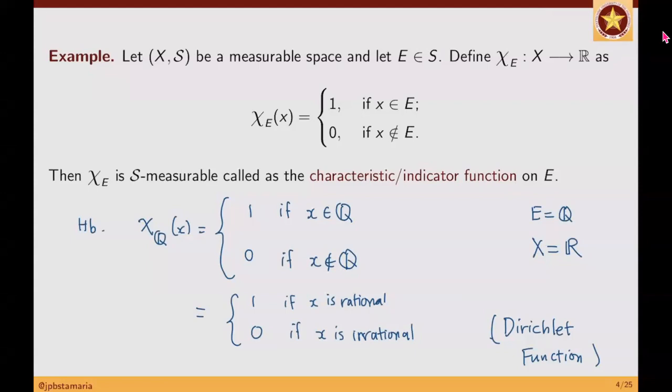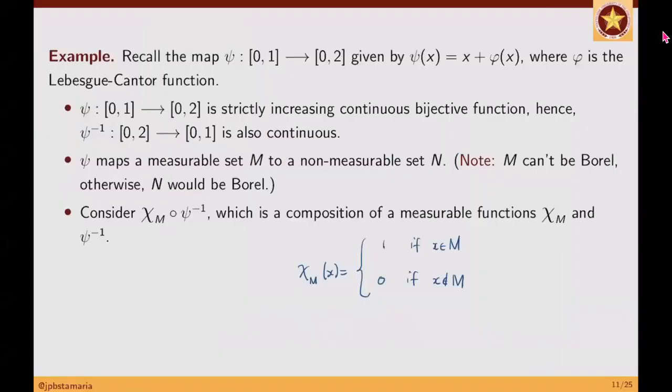Ito yun, no? Sabi natin dito, mga characteristic functions ay measurable basta yung set E na kino-consider ay measurable. Ito ay measurable kasi nga siya ay Lebesgue measurable, kasi siya ay continuous. Alright. Pwede ko bang kunin yung composition talaga?